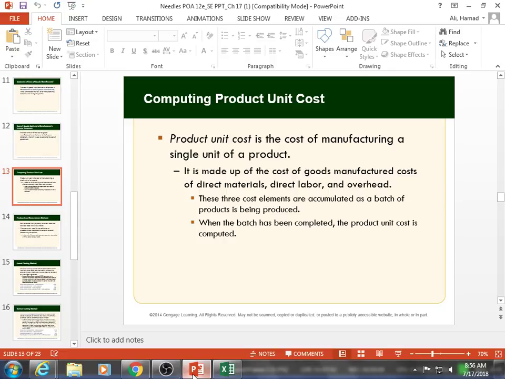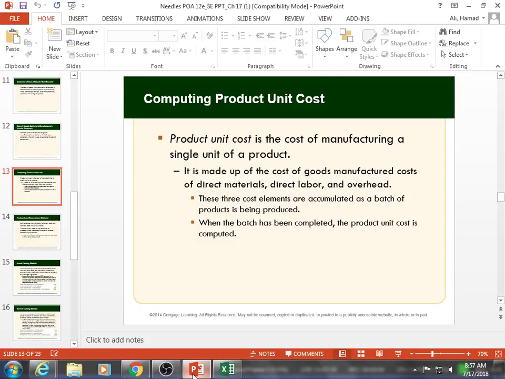On the next page, you have another formula. You have a total of 3 steps to do cost of goods manufactured. And then for cost of goods sold, your beginning inventory finished goods plus cost of goods manufactured equals available for sale, minus ending inventory finished goods. That will give you cost of goods sold.